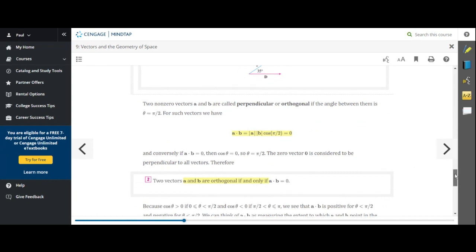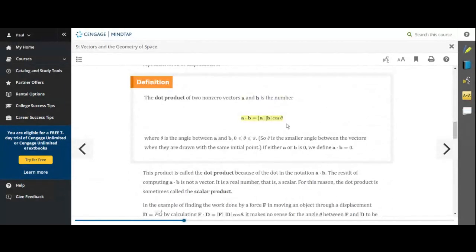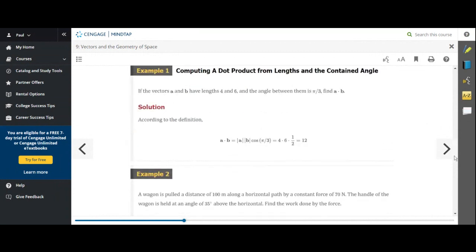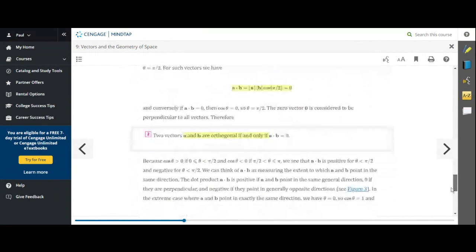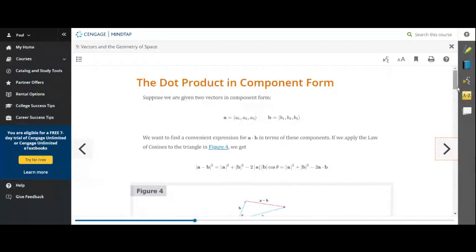Now, the way the dot product is defined here, this definition involves knowing the angle between the two vectors, but sometimes it can be difficult finding the angle between two vectors. If it's given to you, it's nice. But if it's not given to you, how can we compute the dot product? Well, they give the dot product in what's called component form.